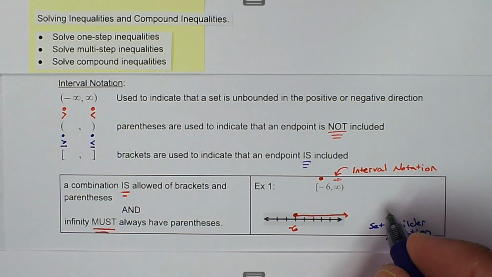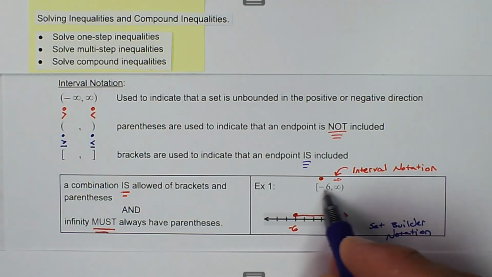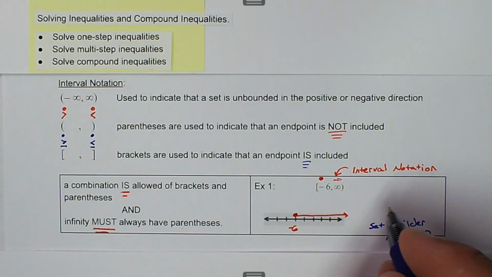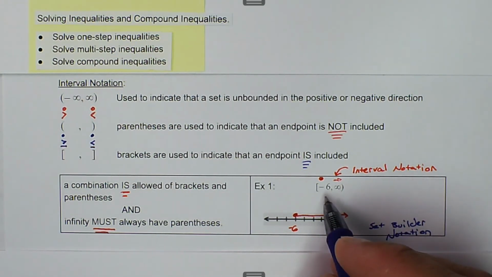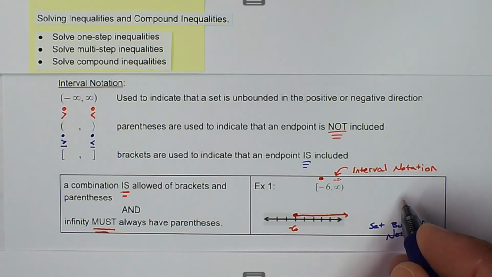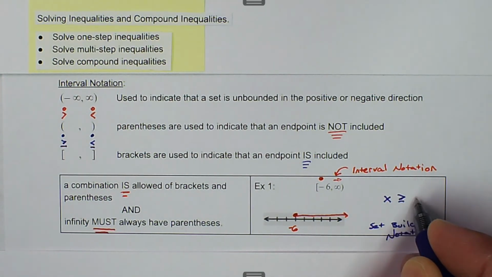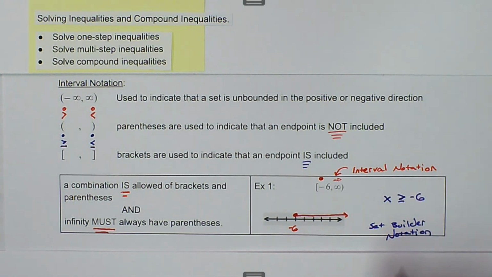To rewrite this one in set builder notation, we want the arrow to point in the direction that we're going. So we're going to say x is greater than or equal to -6. As long as you have the variable on the left, the arrow will point in the direction that the line should go.